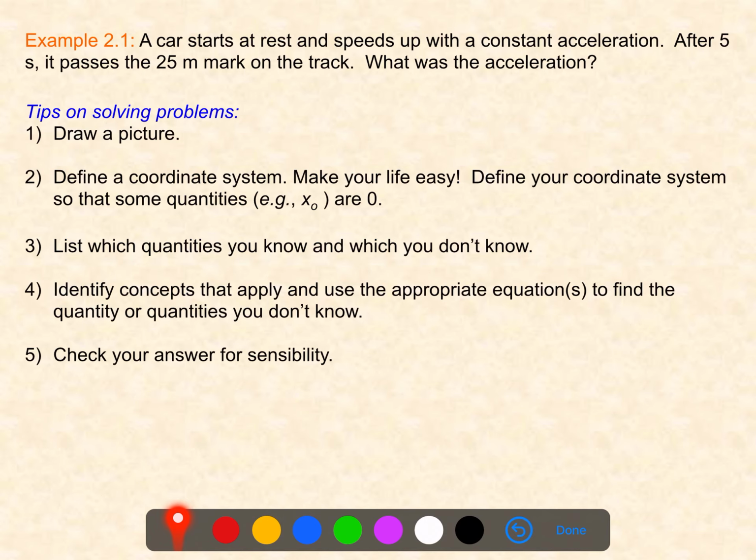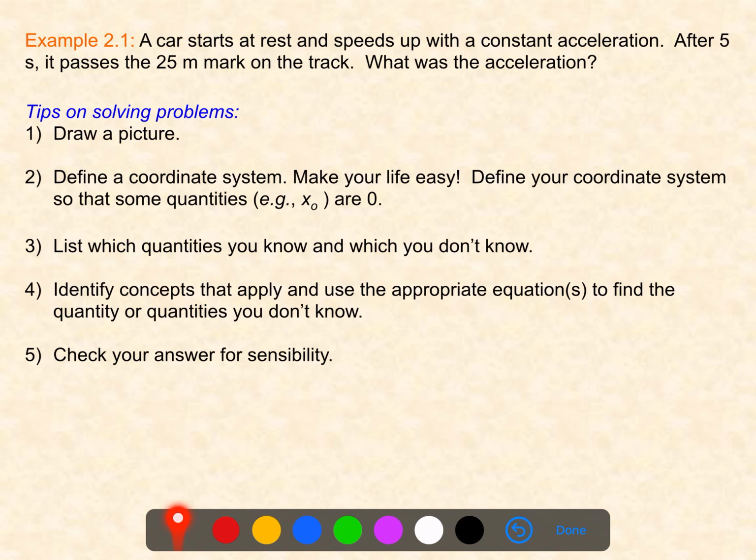So let's go over the ideal way to solve your physics problems. I want you to think about this as a process that you should probably follow, a systematic procedure when you're answering these physics questions. Typically that procedure involves drawing some sort of figure, some sort of coordinate system.